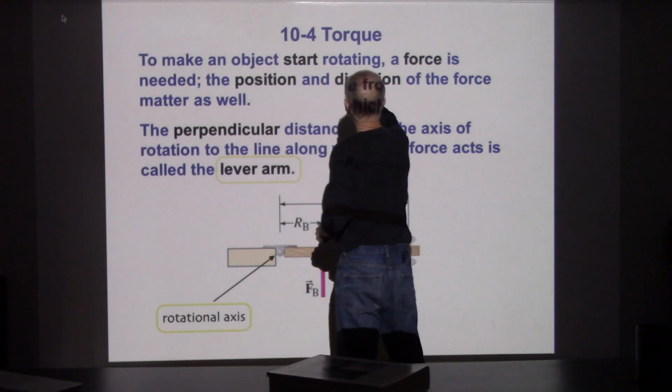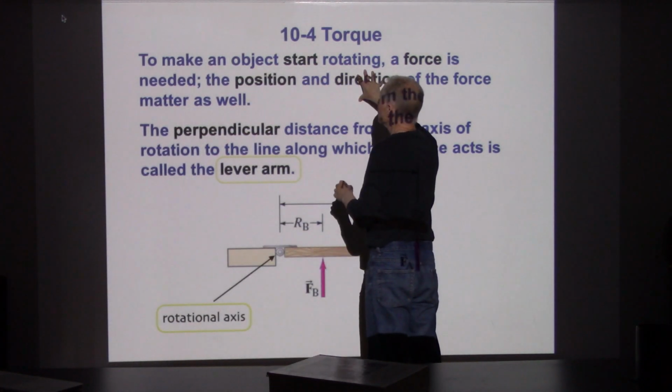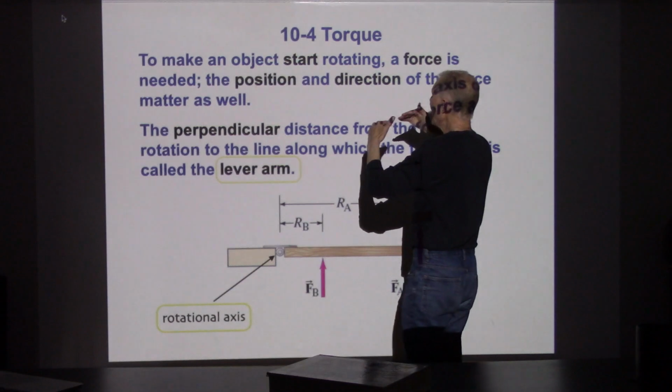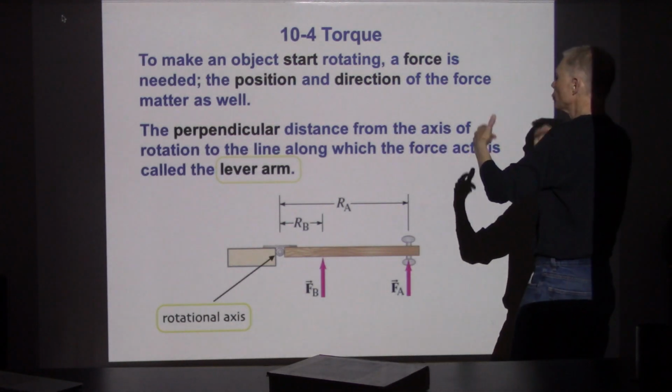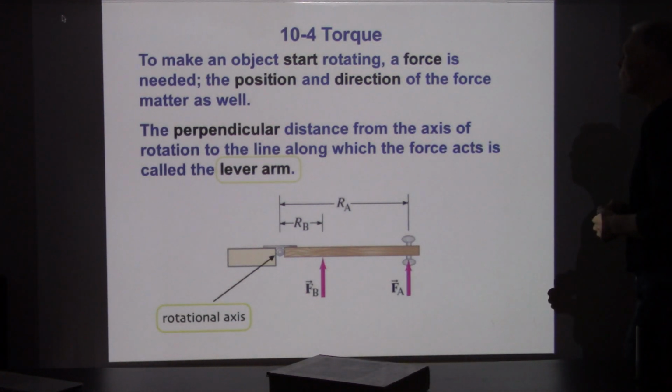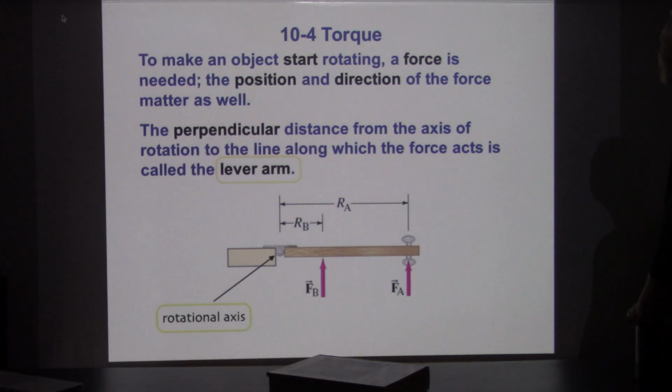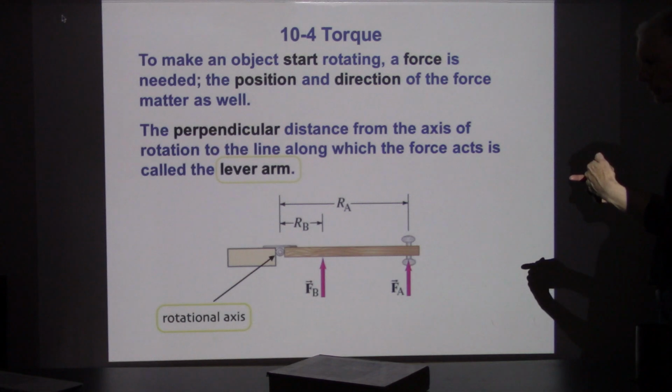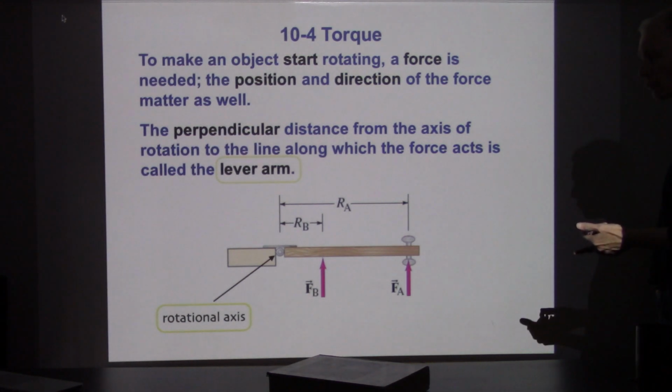To make an object change its rotation, if it's at rest, to get it started, we have to apply a force. Now, if it's already moving and we want it to rotate faster, we have to apply a force for that too.